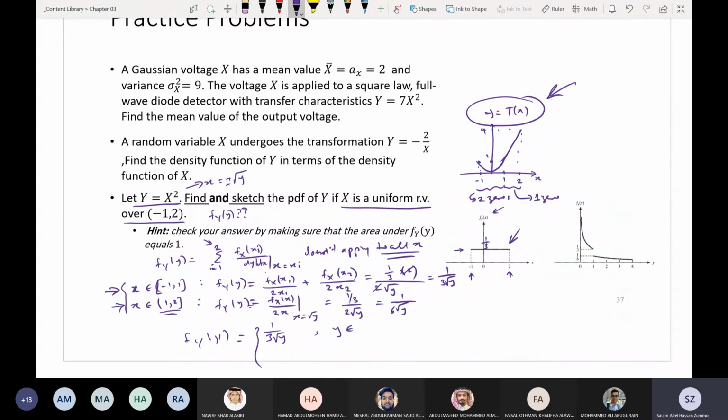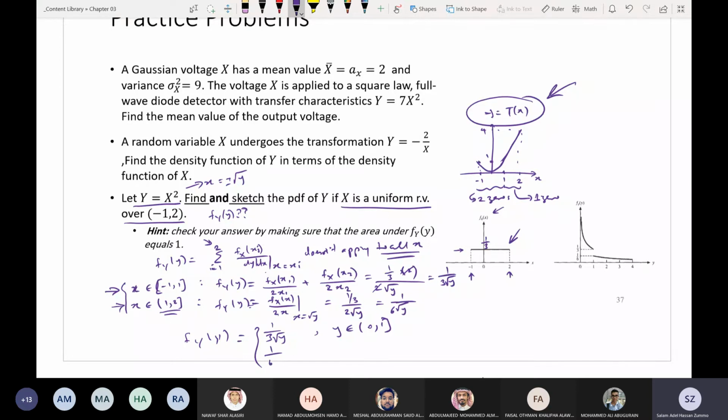Minus 1 and 1? No, not minus 1 and 1. Y cannot be minus 1. Y is x squared. It goes between 0 and 1.